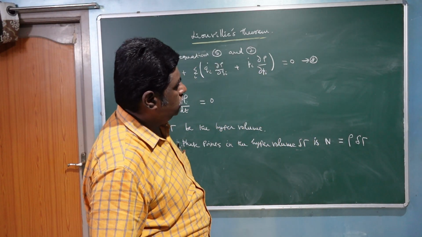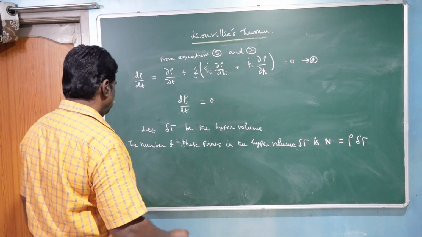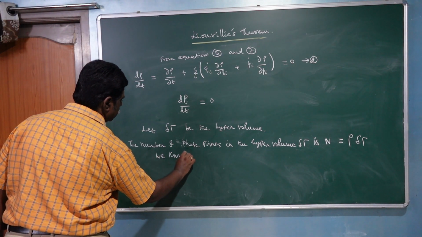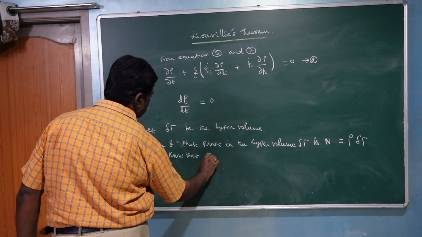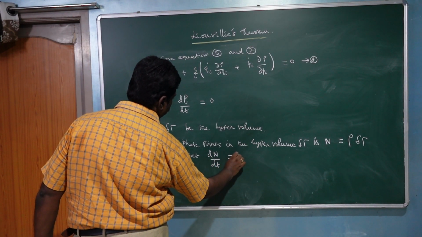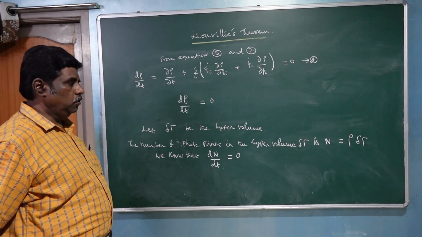Rho be the density of phase points. We know that dn divided by dt is equal to 0.